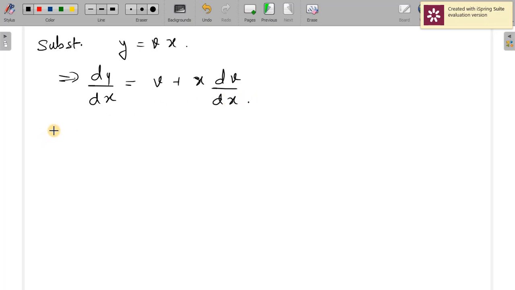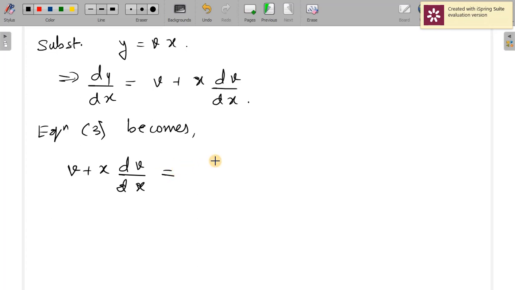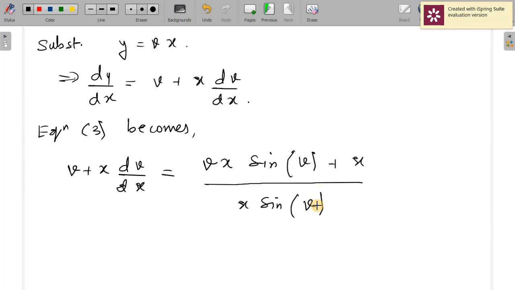And so equation 3 becomes v plus x dv by dx, that's the left hand side, is equal to on top we have y sine of y by x, so that y is same as vx, sine of y by x is same as sine v, plus x, and the whole thing by x into sine of y by x, that is again same as sine v, because v is equal to y by x, so y by x from here is equal to v.